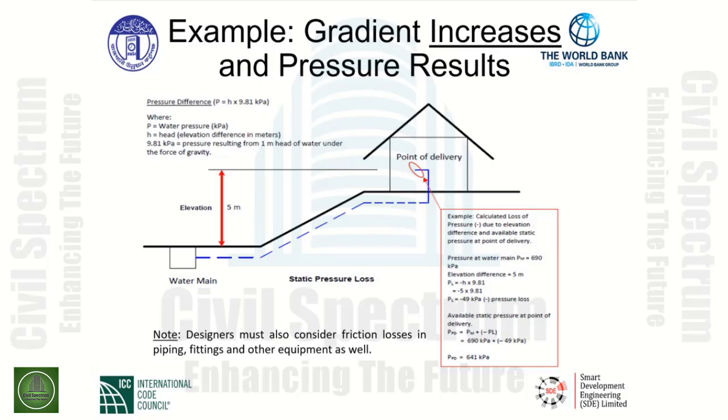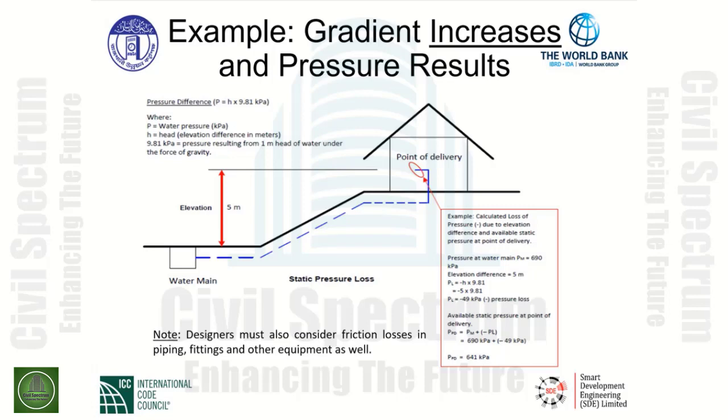So, the pressure at the water main, indicated as P sub M, is 690 kilopascals. The elevation difference is 5 meters. As you can see, the elevation is, of course, higher at the point of delivery than the water main itself. So the elevation difference is 5 meters.